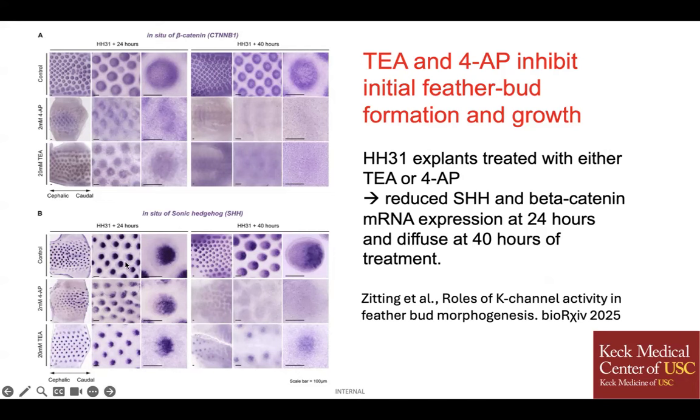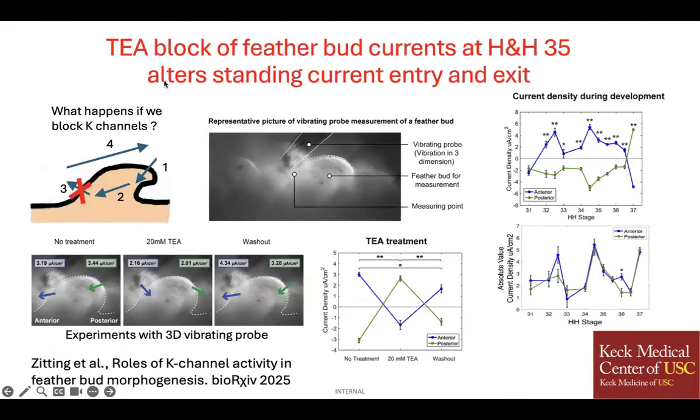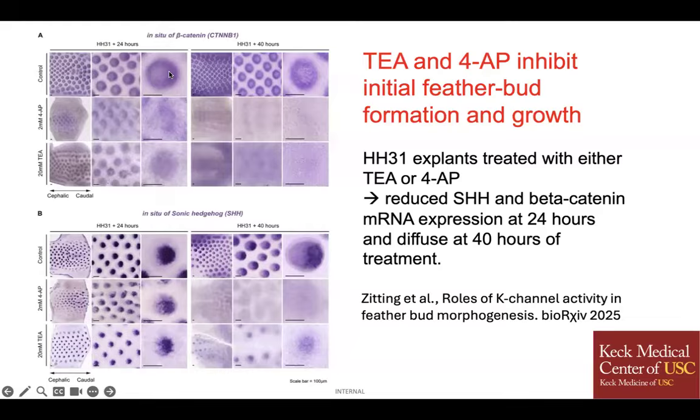In the control case, at three different magnifications, you can see the so-called placoid region where the feather buds are forming. Both beta-catenin and sonic hedgehog rise in the appropriate ways where the feather buds form.